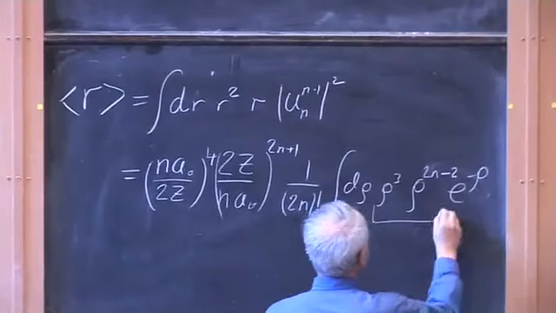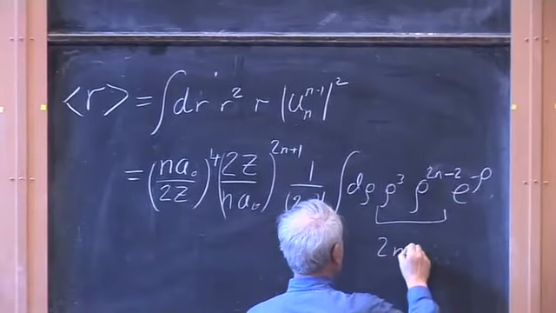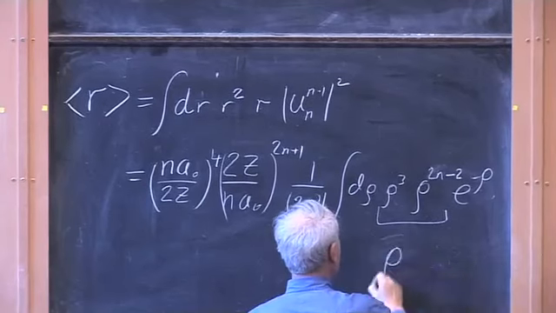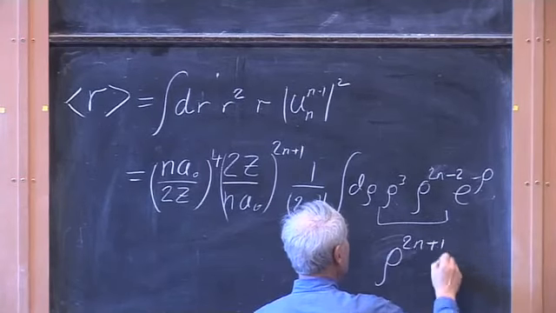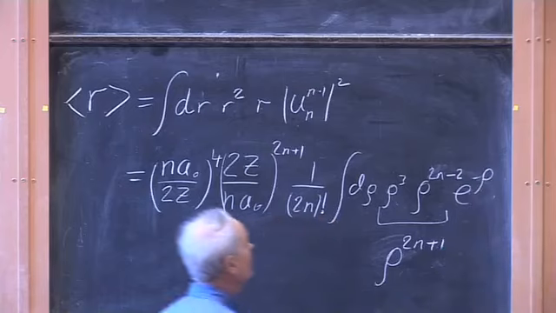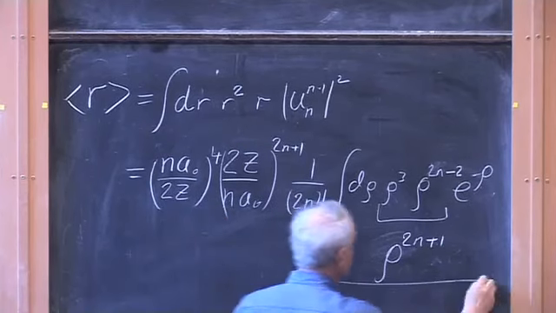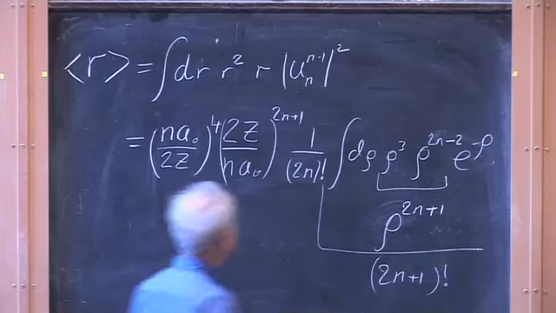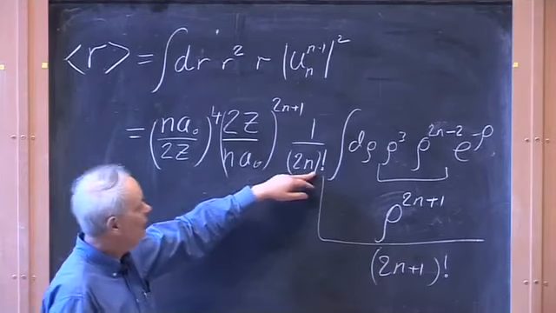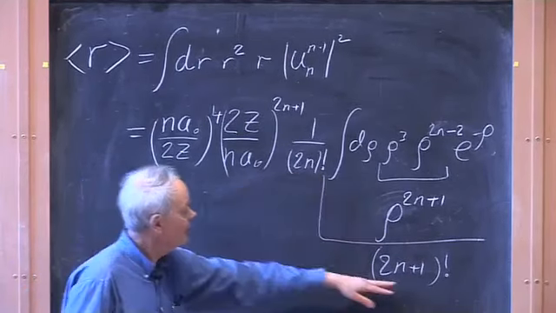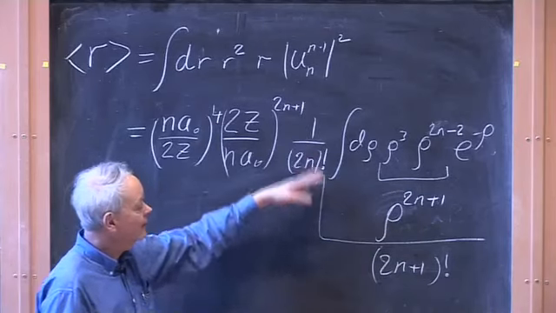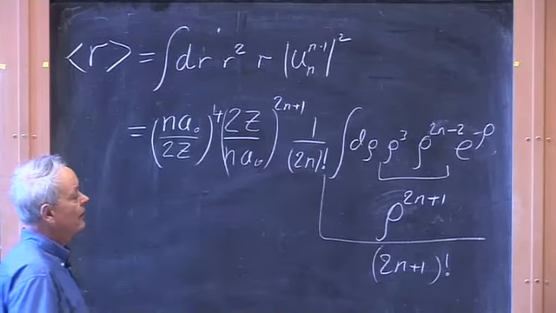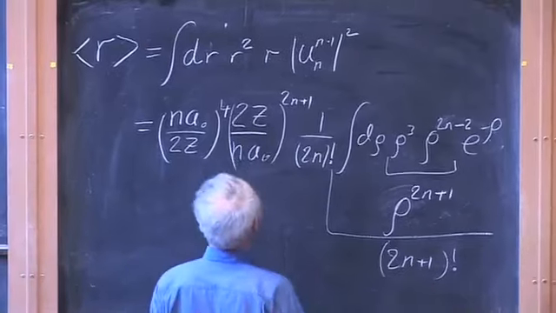So what's this going to be? This is going to be rho to the 2n plus 1 e to the minus rho. So this integral is going to be 2n plus 1 factorial. And on the bottom, I've got 2n factorial, so this on the top and that on the bottom gives me simply a 2n plus 1. Everything else cancels in the factorial.